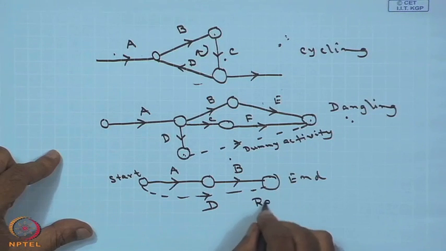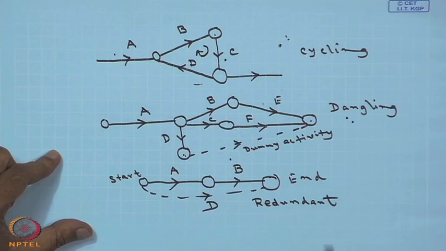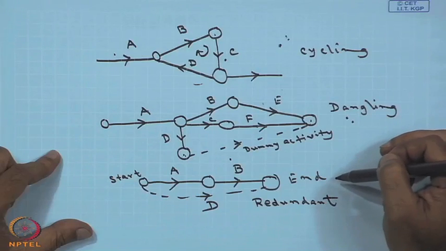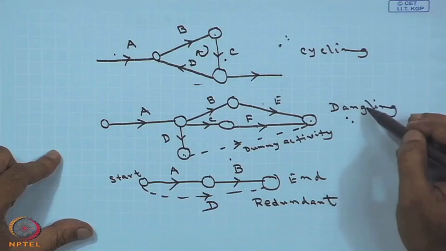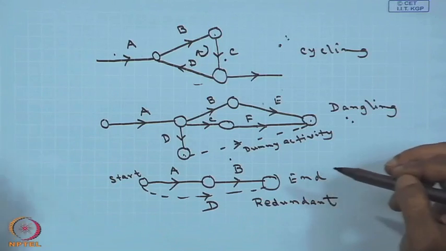So, we call this redundant. Whenever we draw the network, I have to avoid these 3 types of errors: one is cycling, another is dangling, another is redundancy.